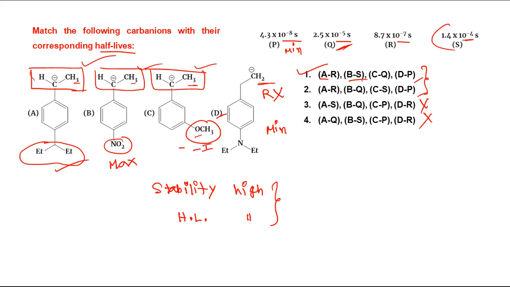Oxygen is electron withdrawing. So that is why it is more stable than A. So basically the stability order is first B, then C, that is NO2, then meta OCH3, then A, and the species D is a completely different type of species. Here the negative charge is not at the benzylic position, so resonance with the benzene ring is not possible. So this is basically the minimum stable. So option 1 is the correct option.